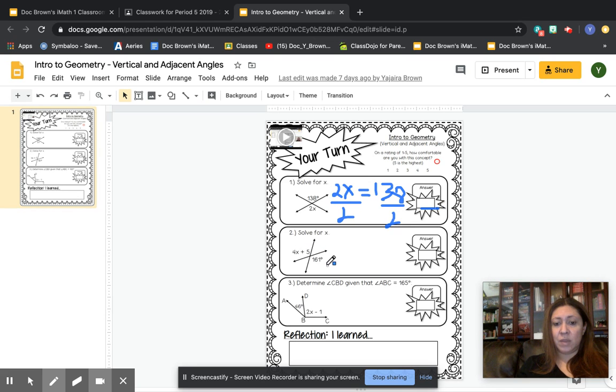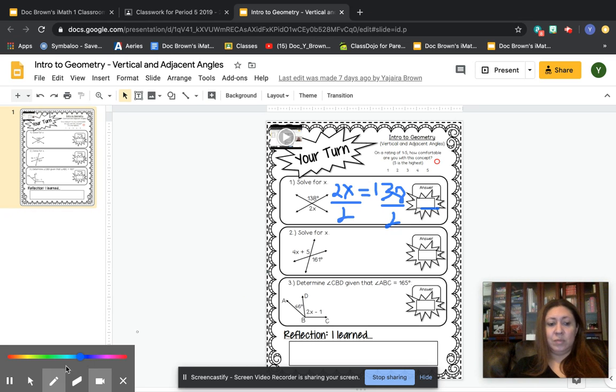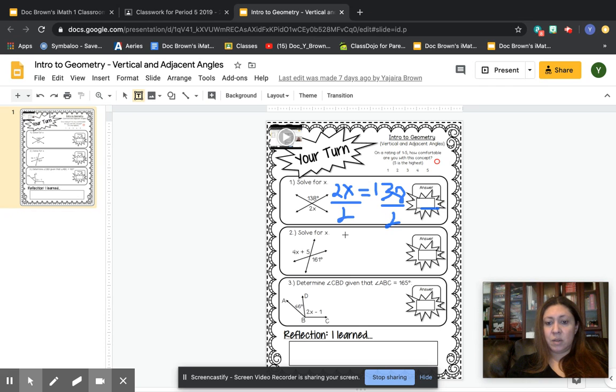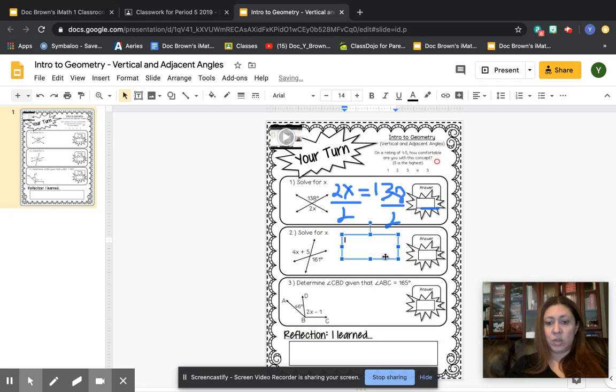4x plus 5 equals all that. So I can create a text box just so that you guys can see that. So 4x plus 5 equals 161. Why can I do that? Because they're vertical angles, and vertical angles means that they should be equal to each other.